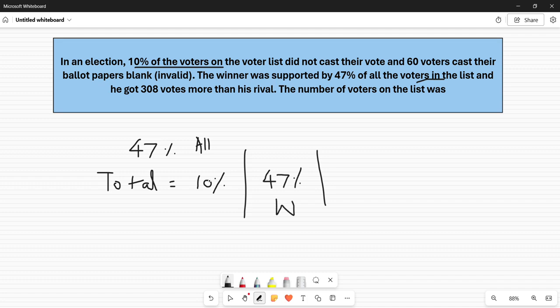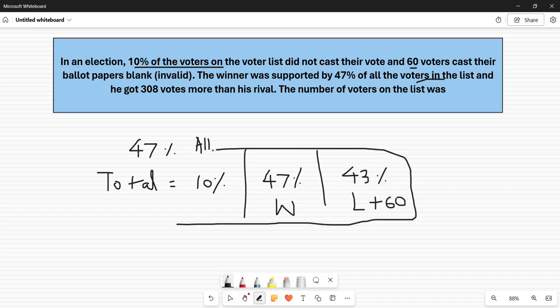So now we very well know 10% didn't vote, 47% goes to the winner. The remaining 43% belongs to the loser plus the invalid 60 votes, right? You need to be very clear of this concept, especially for these kinds of questions.